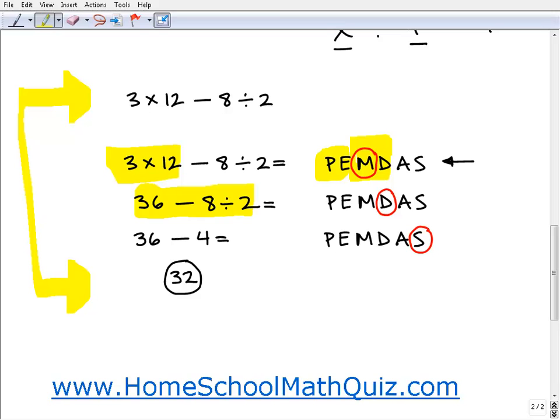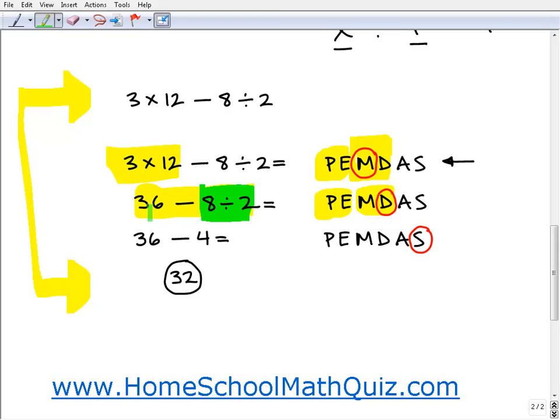So this is our new problem, if you will. Then we're going to go through our checklist again. Are there any parentheses? No. Any powers? No. Any more multiplication? No. But is there division? Yes. There's not multiplication, but there is division. So we're going to do that as we see it from left to right, and clearly this is our division part right here.